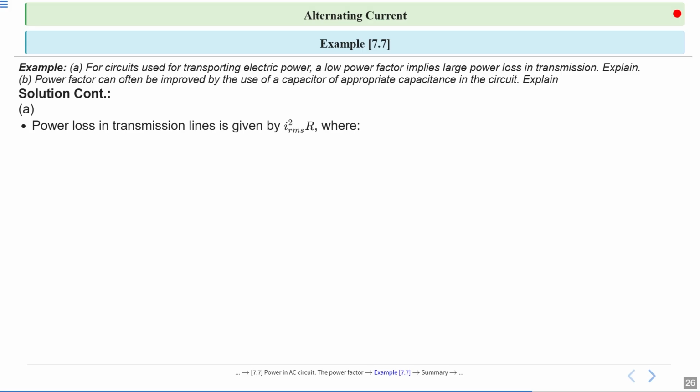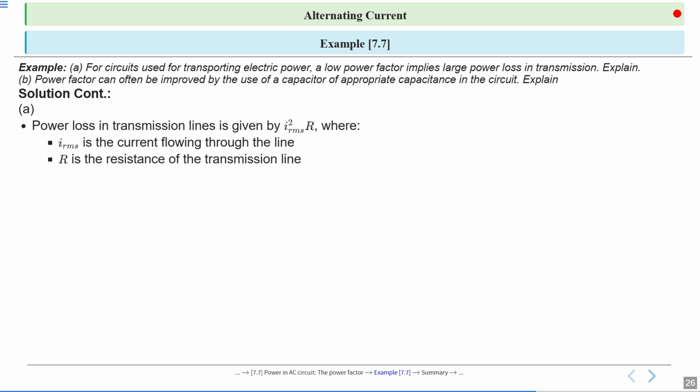Power loss in a transmission line is given by IRMS square R, where IRMS is the current flowing through the line and R is the resistance of the transmission line. So how is power loss affected if we change IRMS or the resistance of the transmission lines?